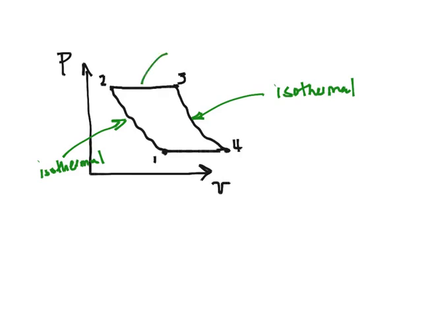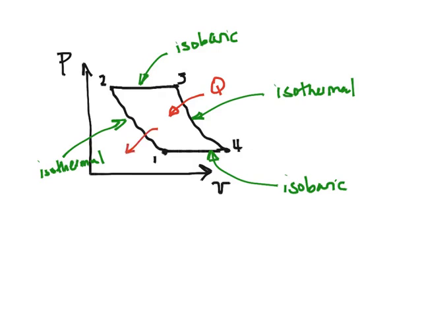And then these other two processes between 2 and 3 and 4 to 1 are isobaric. And we know that we have heat addition between 3 to 4. We have Q in. And we have Q out between 1 and 2.